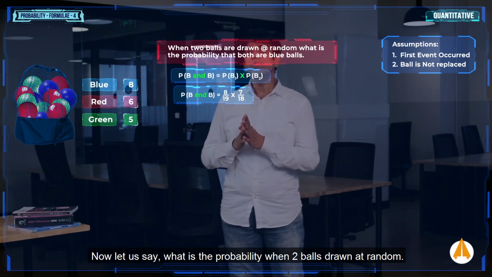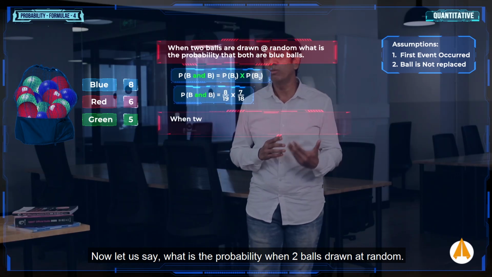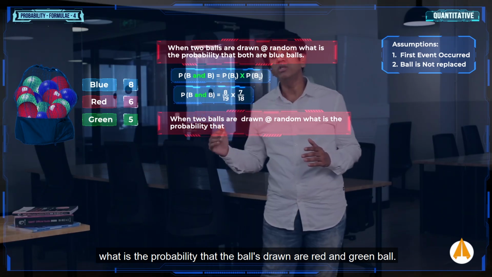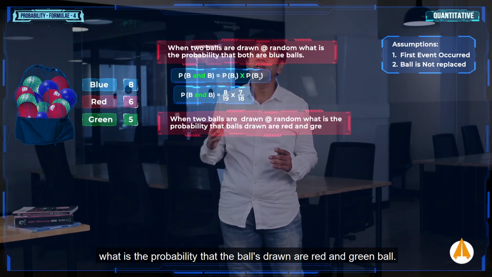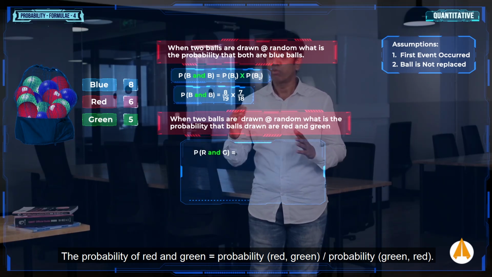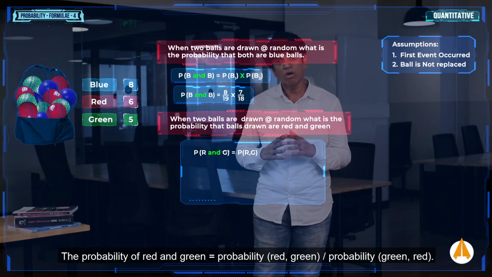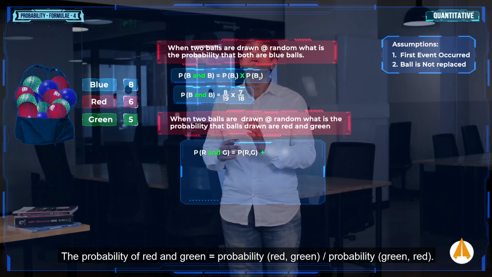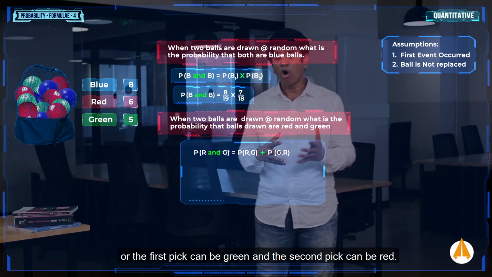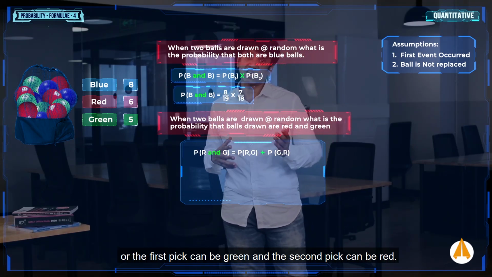Okay, great. Now let us say, what is the probability when two balls are drawn at random that the balls drawn are a red and a green ball? The probability of red and green is equal to probability of red comma green or probability of green comma red, right? The first pick can be red and the second pick can be green, or the first pick can be green and the second pick can be red.